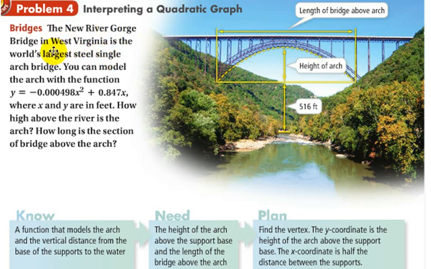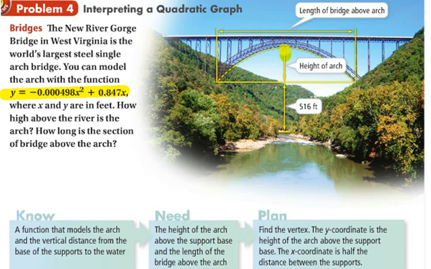Bridges. The New River Gorge Bridge in West Virginia is the world's largest steel single arch bridge. You can model the arch with the function y equals negative 0.000498 x squared plus 0.847x, where x and y are in feet. How high above the river is the arch?